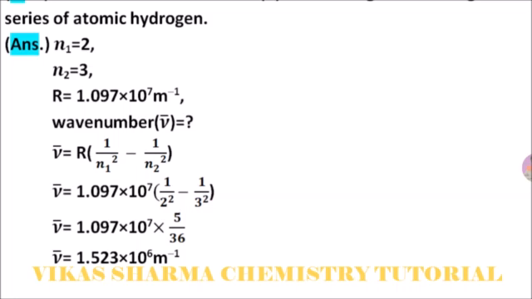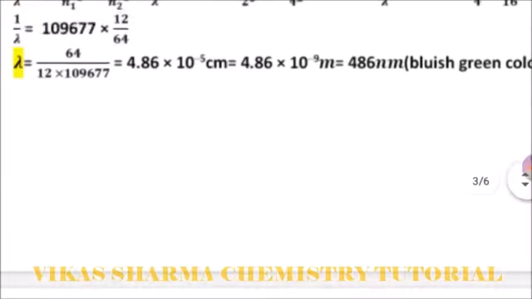Wave number is nu bar, which is 1 upon lambda, because the wave number and wavelength are inversely proportional.